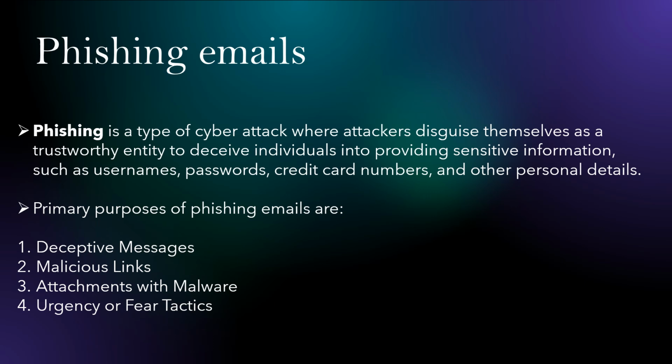Some of the techniques I mentioned in this current slide: the first is deceptive messages. In deceptive messages, they try to act like an authentic source, so that you easily believe the email or a message sent to your mobile number. The second is malicious links. They can embed a link in your email to redirect you to a malicious website to get your sensitive information.